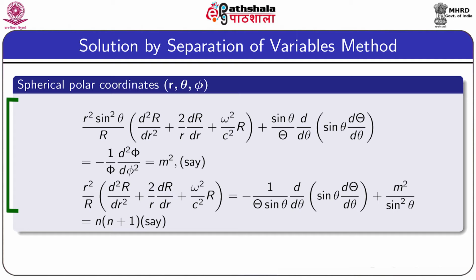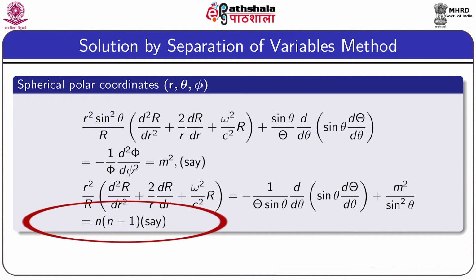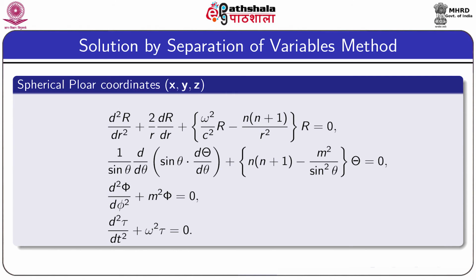Now, using this separation constant, in the next line we are separating the function of r and the function of theta, and the separation constant for this case is n into n plus 1. Now, the equations for capital R, capital theta, capital phi and tau are given by these 4 equations.